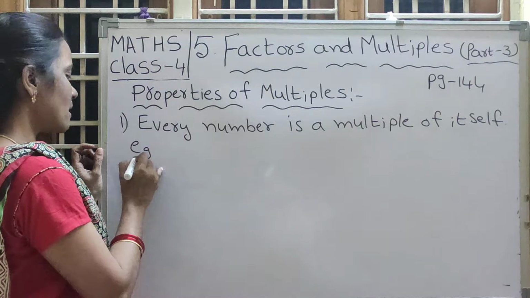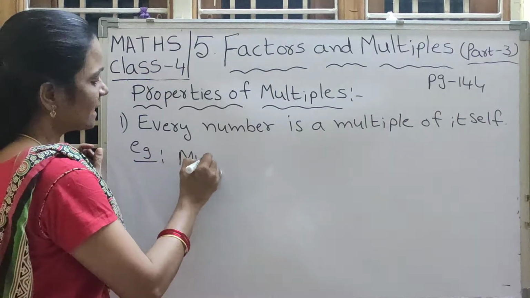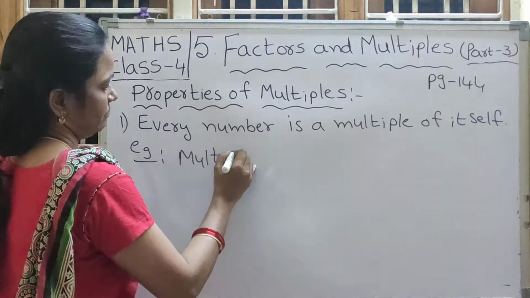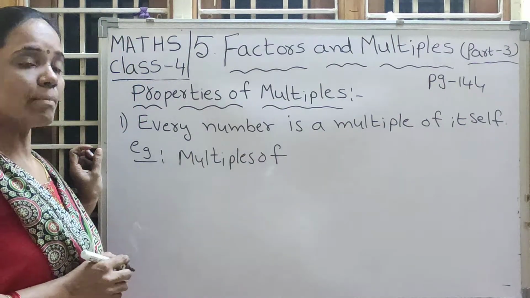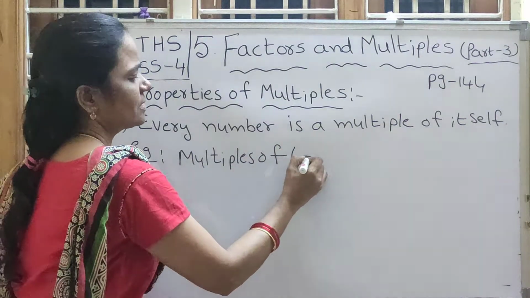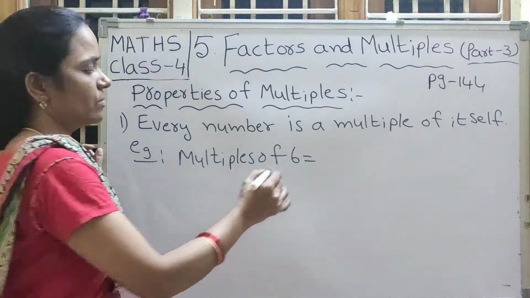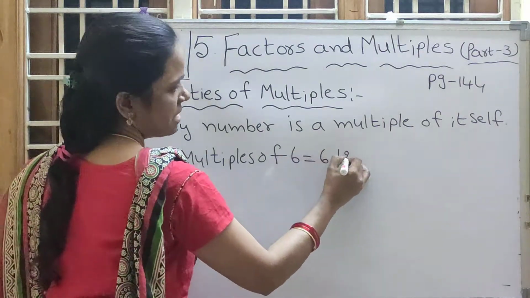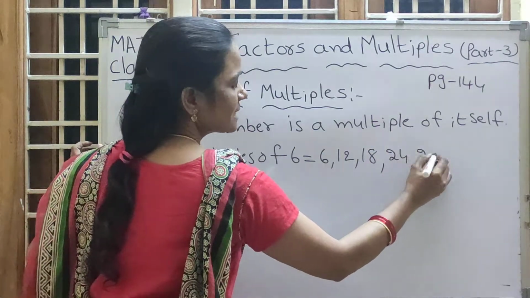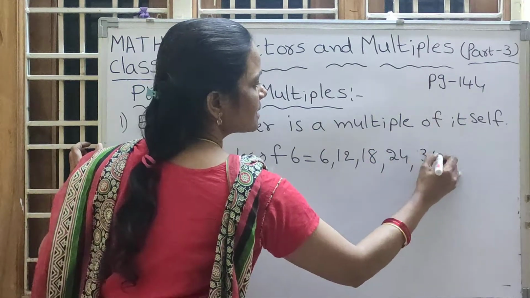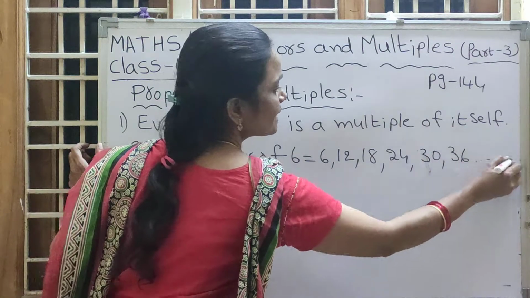Shall we take one example? Write down the multiples of 6. That means we have to take the 6 table. 6 1s are 6, 6 2s are 12, 6 3s are 18, 6 4s are 24, 6 5s are 30, 6 6s are 36 and so on.